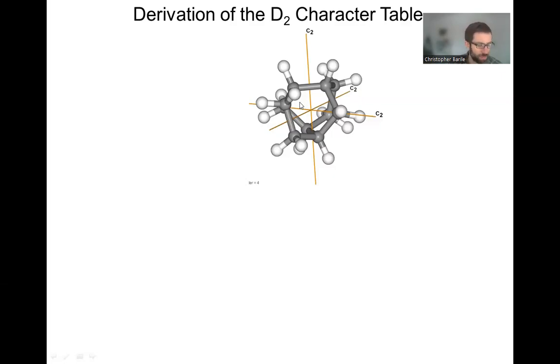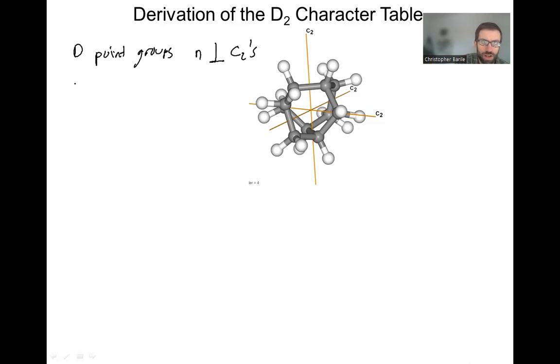You have to know some rules of the D point groups. They will always have n perpendicular C2s.